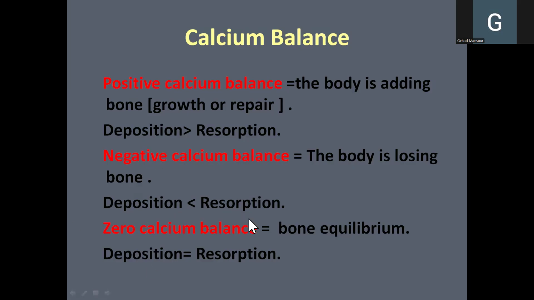So if deposition is less than resorption, then resorption is higher and we have a negative calcium balance. At certain moments of your life, the rates are equal. Deposition is equal to resorption. So you are in a state of bone equilibrium or zero calcium balance.